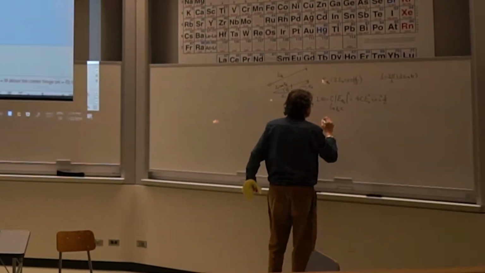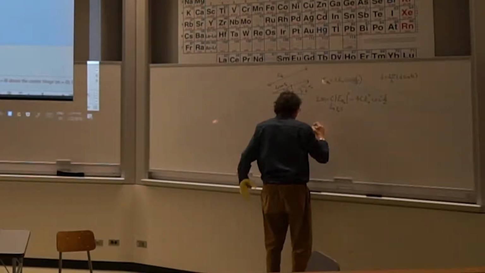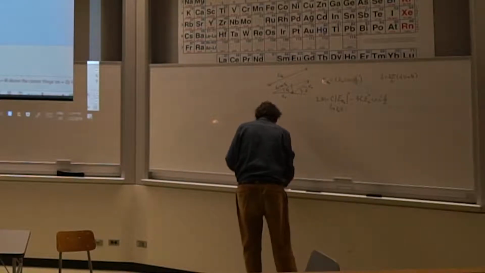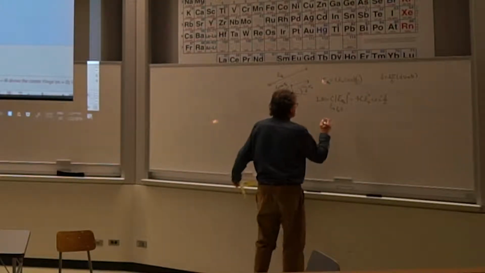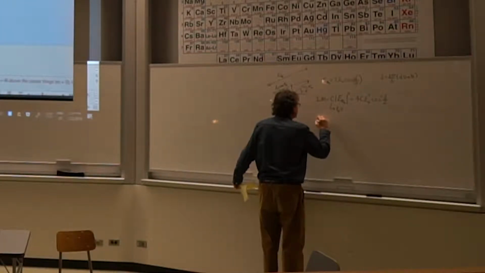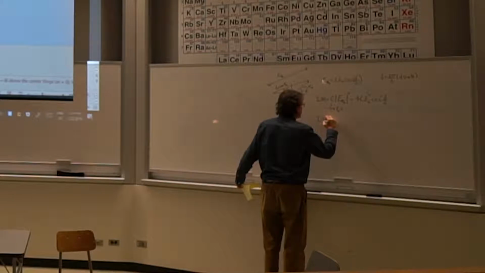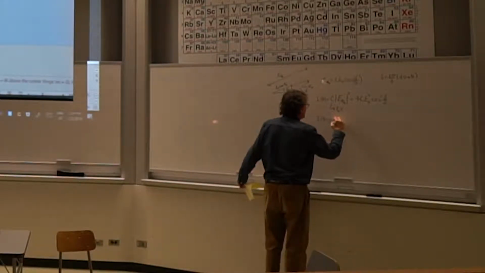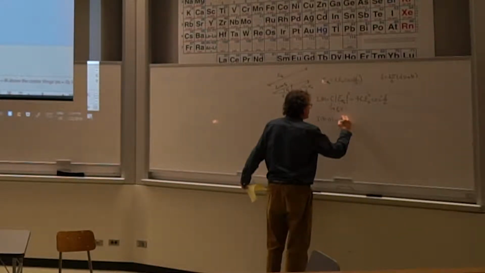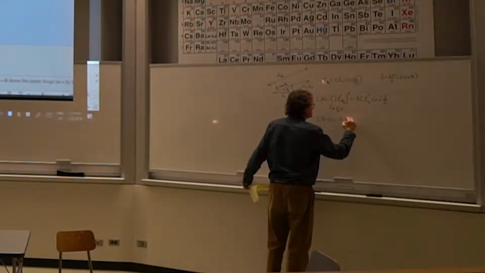So let me do this and say, if I want to evaluate this at theta equals 0, I would write that the intensity at theta equals 0 is equal to 4C, constant C, times E0 squared.